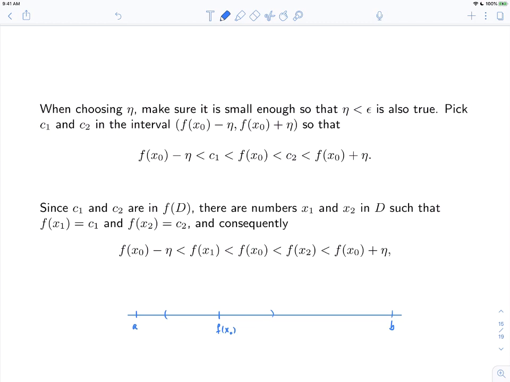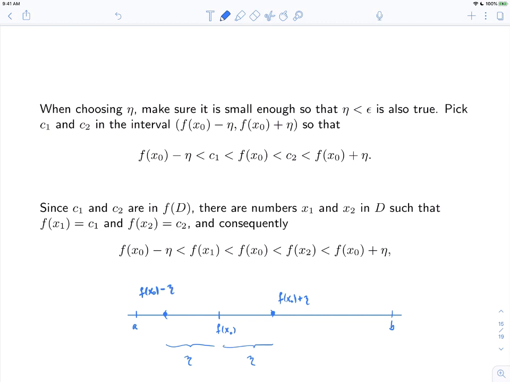So this length is eta, and this length is eta as well, like so. Now what we want to do, well, let's just denote this point right here. That's f at x naught plus eta. And this one right here, that's f at x naught minus eta.